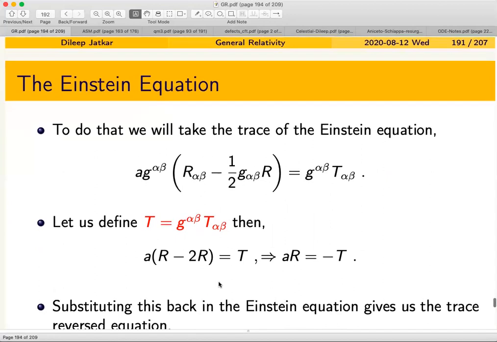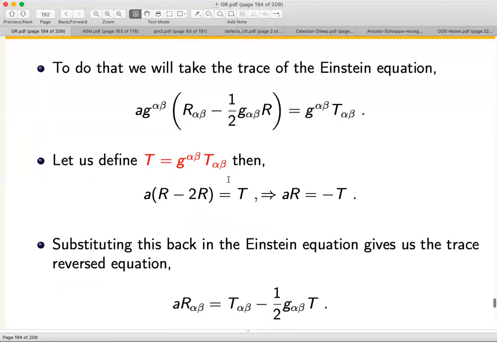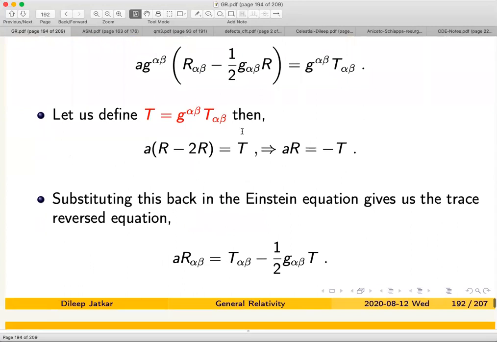Fine. So what we could do now is replace this Ricci scalar by the trace of the energy momentum tensor, and take that expression and pull it on the right hand side. So we get an expression which looks like this: A times R is replaced by minus T. Then G alpha beta times minus T is pulled on the other side, and you get A times R alpha beta is equal to T alpha beta minus half G alpha beta T. So instead of writing it in terms of the Ricci scalar, we are writing it in terms of the trace of the energy momentum tensor.